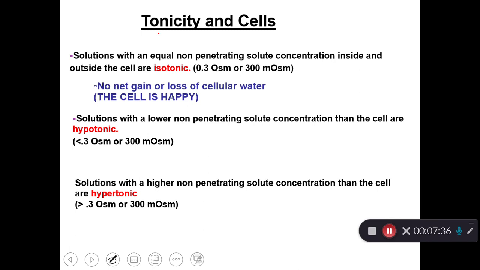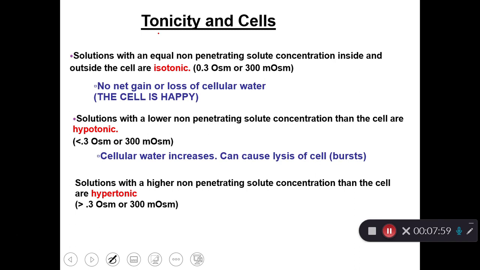How about if you put your cell in hypotonic solution that has less than 300 milliosmoles of non-penetrating solutes? So in this case, what happens to the movement of water? Water moves into the cell. Remember that always water moves to the higher concentration side.